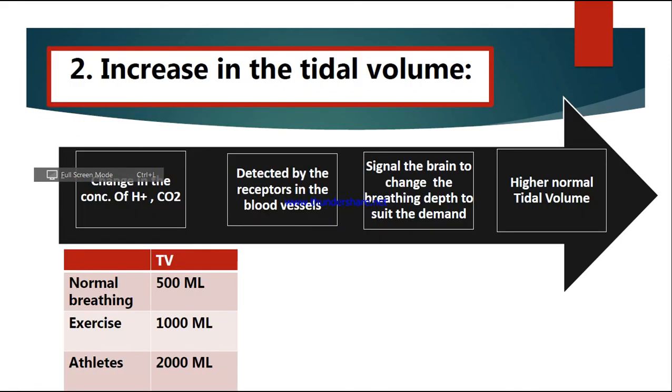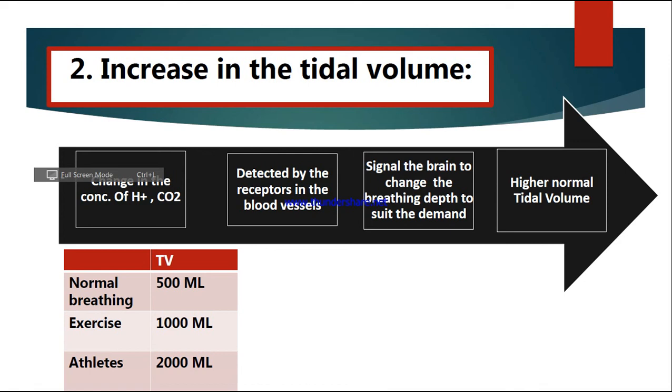The respiratory parameters will also increase. Like in normal breathing, the tidal volume is only 500 ml, but when we do exercise, it increases up to 1000 ml. But in athletes, who are trained persons, it can go beyond 1000 up to 2000 ml.